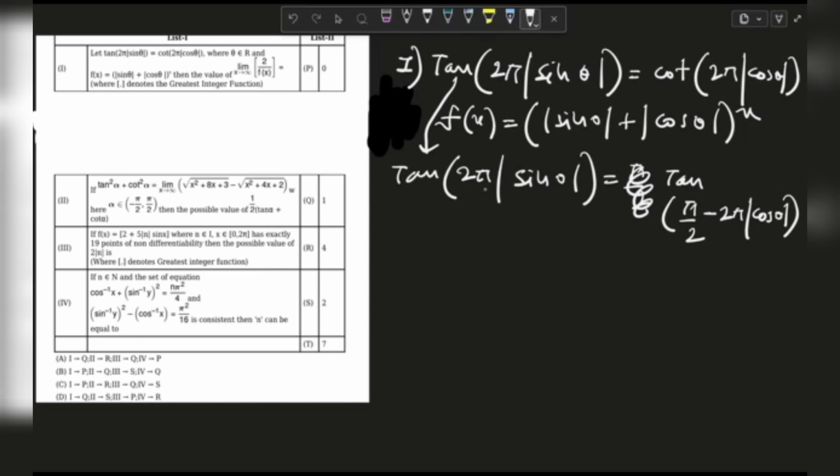What we will have is 2 pi times (mod sine theta plus mod cos theta) is equal to pi by 2. So basically from there what we can infer is mod of sine theta plus mod of cos theta is equivalent to n by 2 plus 1 by 4, right? I guess this was pretty obvious.